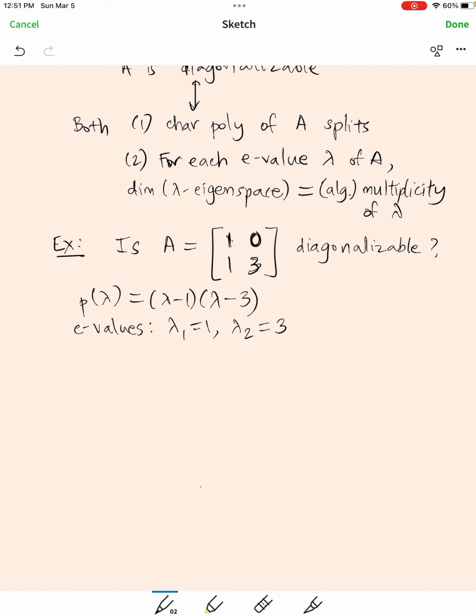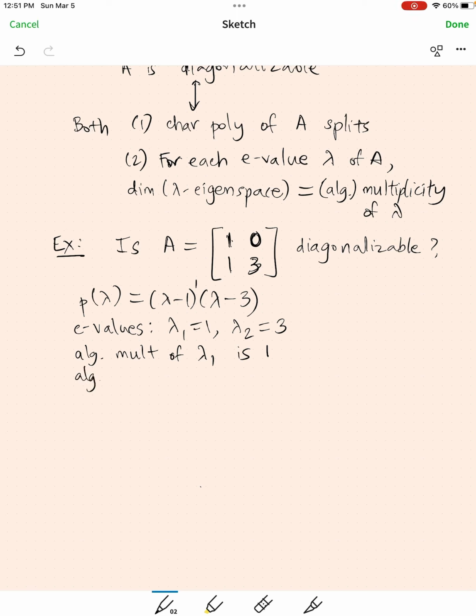Well, if you think about it, can we figure that out without actually finding a basis for the eigenspace? What's the algebraic multiplicity of lambda 1? So the algebraic multiplicity of the eigenvalue 1 is 1 because I have a 1 here.